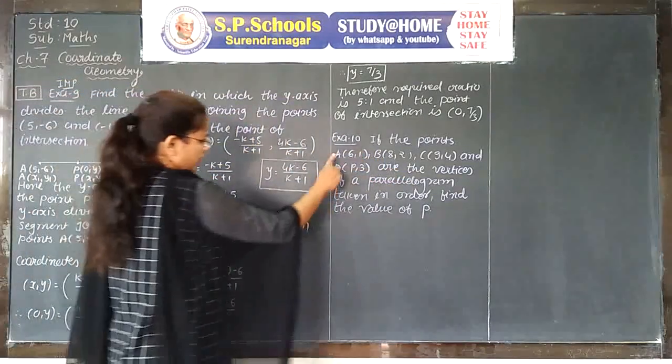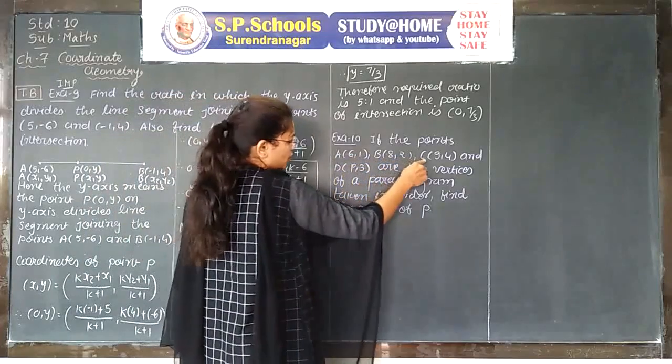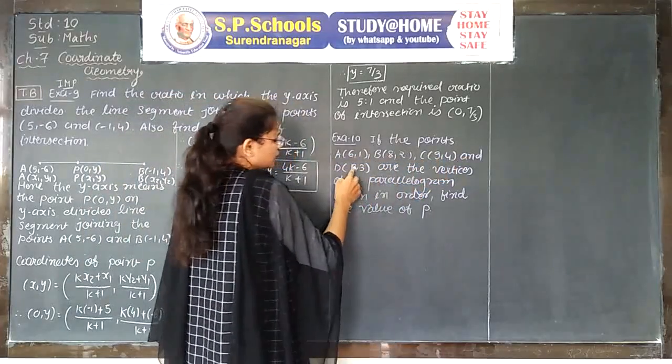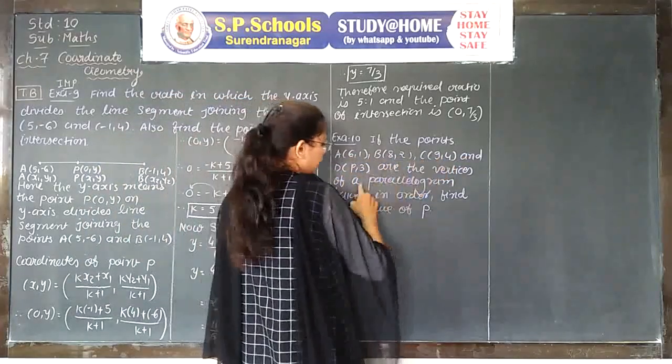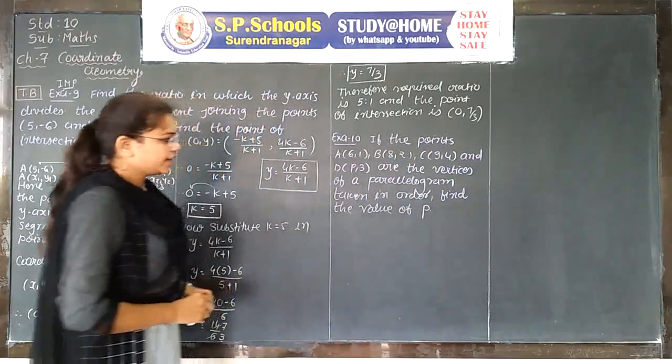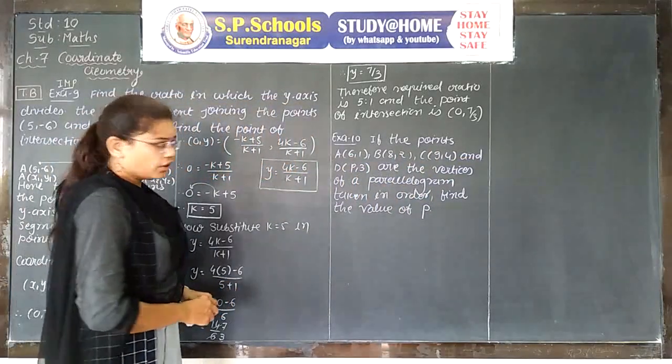If the points A(6, 1), B(8, 2), C(9, 4) and D(p, 3) are the vertices of a parallelogram taken in order, find the value of p.